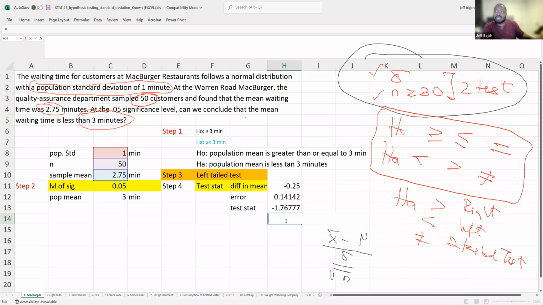Let's take a quick look again. All right, so we're going to do sample mean minus this. We're going to close that. We're going to open that. Then we're going to do standard deviation divided by the square root of 50. All right, and this should be correct.